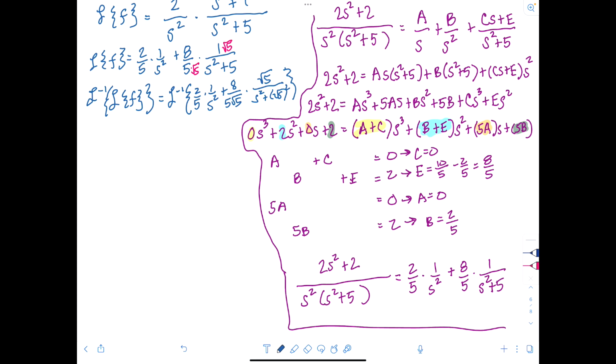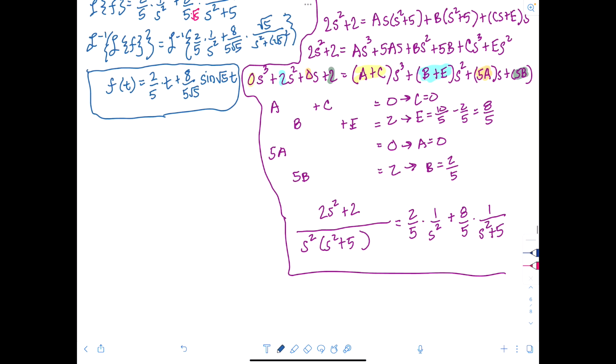So this, of course, will just be f(t) is equal to 2/5 times t plus 8 over 5 root 5 times sine of root 5 times t. And we're done. Cool, cool?